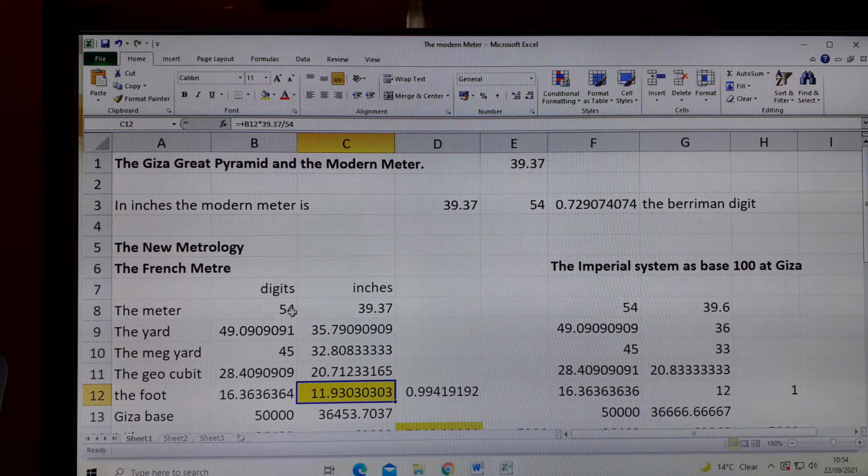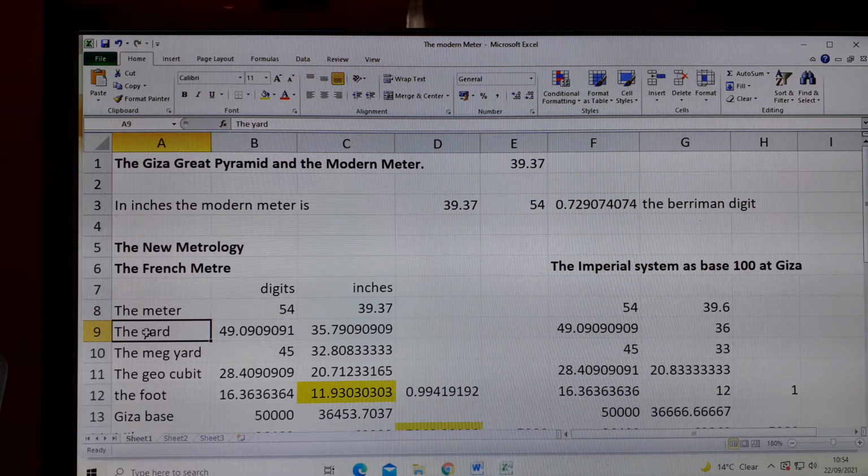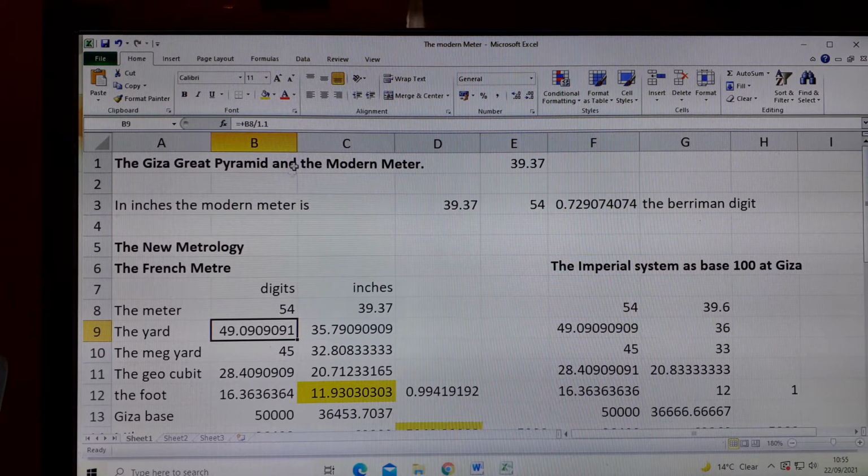And we know from the new metrology that the English yard, when the English foot is 12 inches, is 49.090909 digits, which is 54 divided by 1.1.